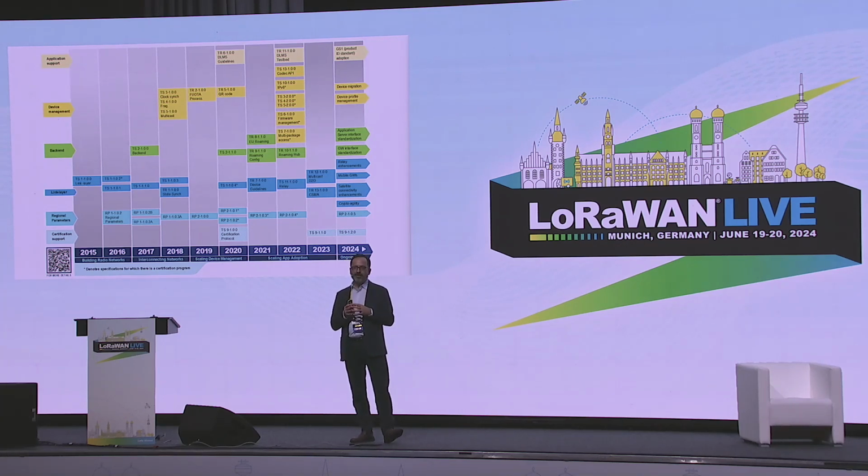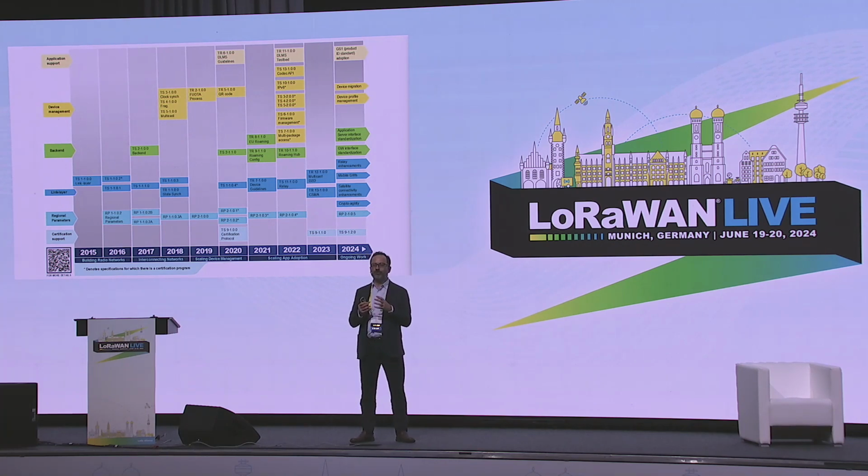Then on the backend side, after we have decomposed the network into network server, join server, application server, and also the gateway, we've been working on filling in the gaps, the missing links, one of which is the network server to gateway interface. Today, there are multiple proprietary interfaces, APIs, used for that.